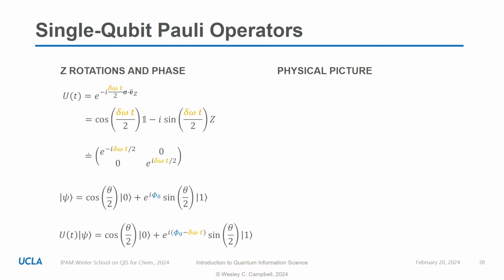Okay? The physical picture for what's going on here, which is important in our physical implementations, is that the time evolution operator is the exponentiation of the Hamiltonian in cases where it commutes with itself at all times. Okay? That means that if the energy between the 0 and 1 state in your system fluctuates, changes a little bit, you're going to pick up a phase error. Okay?